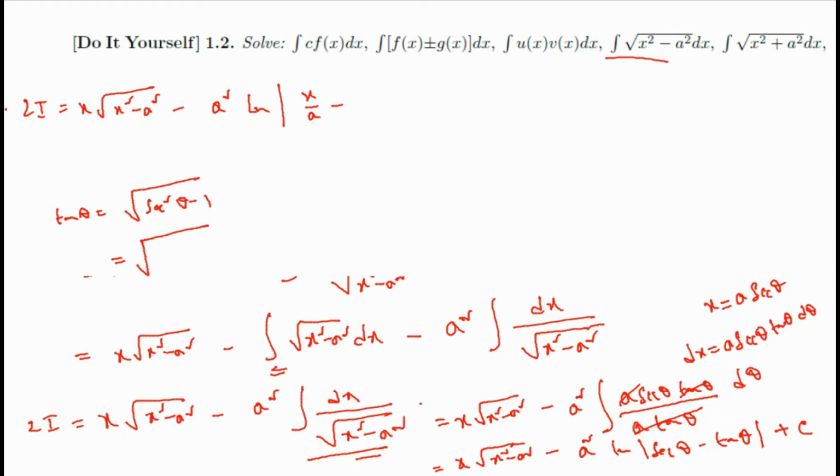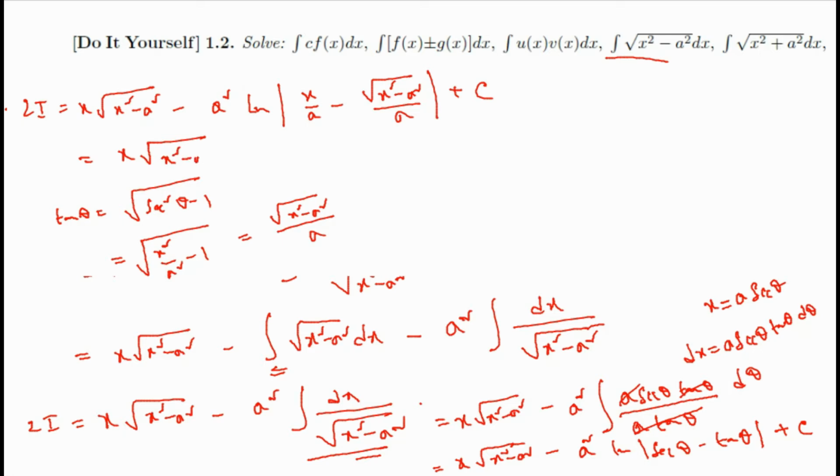So tan theta will be root over x square by a square minus 1, that is root over x square minus a square by a, root over x square minus a square by a plus c, and you will get x root x square minus a square minus a square ln x minus root x square minus a square plus some constant, this will be c1, and for I you just divide this by 2, so x by 2 and this by 2, and again this constant will be some kind of c1 rest.